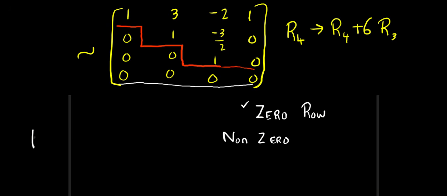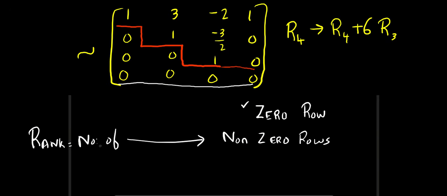In echelon form, the rank is defined to be the number of non-zero rows. So you're going to find the number of non-zero rows. I'll repeat that once more. 0 row means all the members in a row will be equal to 0. And non-zero row means at least one element will be non-zero in a row.